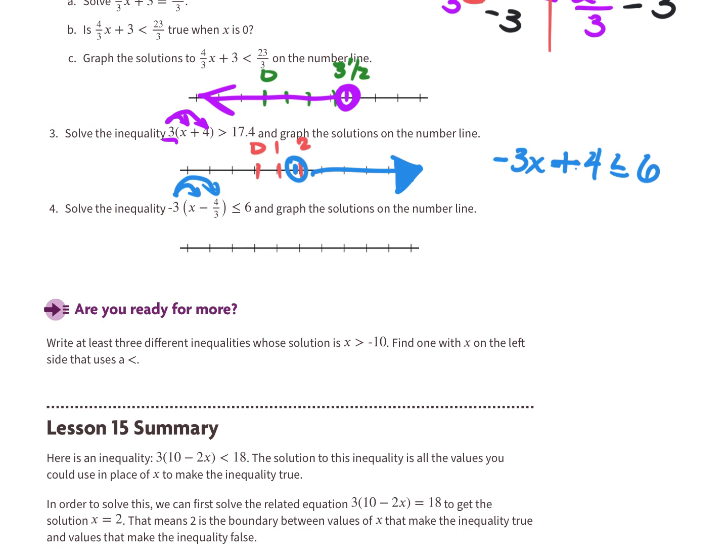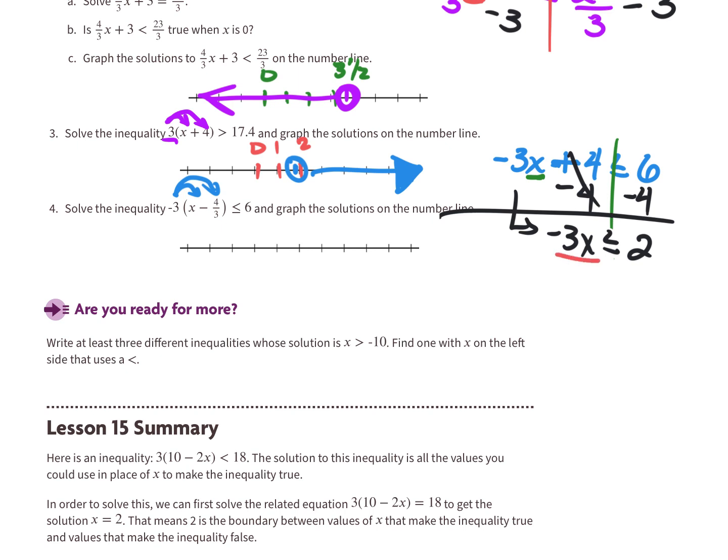So we are going to minus 4 from both sides. So negative 3x, 6 minus 4 is 2. Oh, not equals. That is not an equals. This should be a less than or equals. Negative 3x means negative 3 times x.